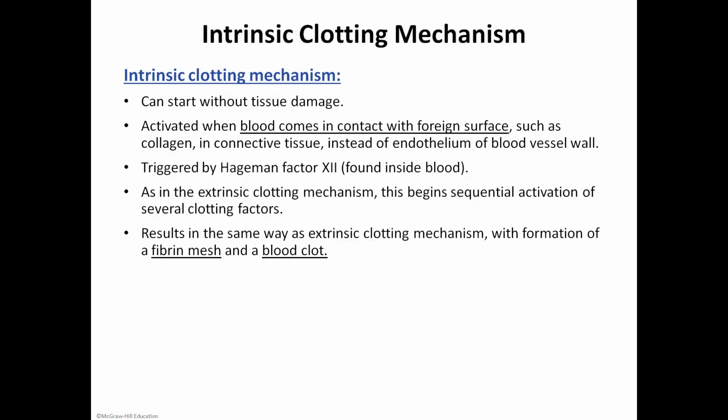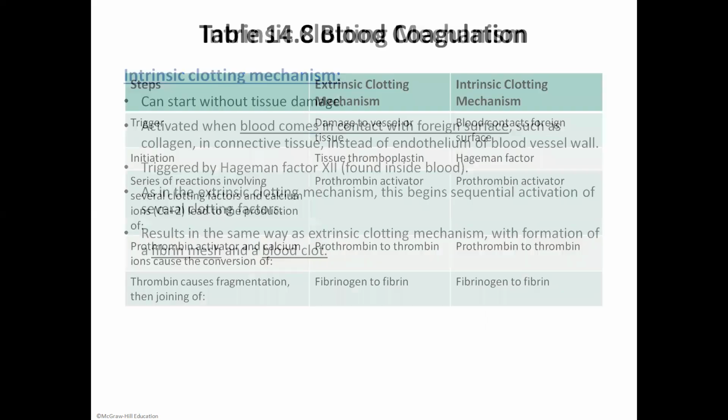Versus intrinsic is going to start even without the tissue being damaged. Usually it's activated when the blood comes into contact with a foreign surface, and it's usually triggered by this Hageman factor. And what you're going to see is, again, through this series of events, the results are the same. They're going to end up with that fibrin mesh, and they'll end up with a fibrin blood clot.